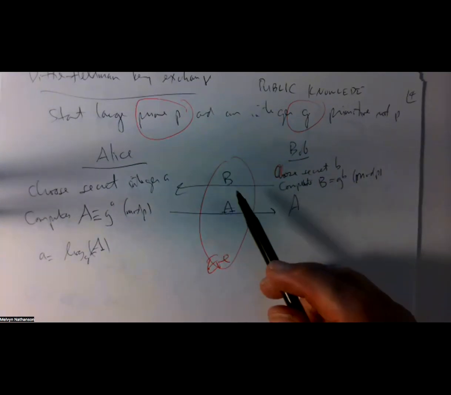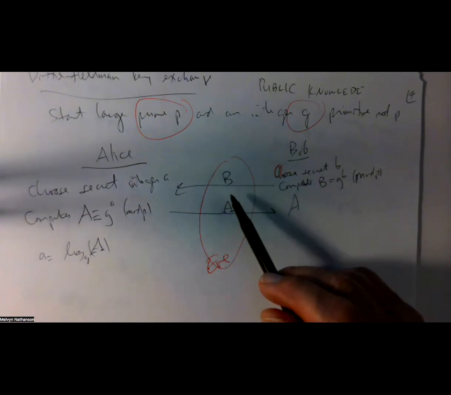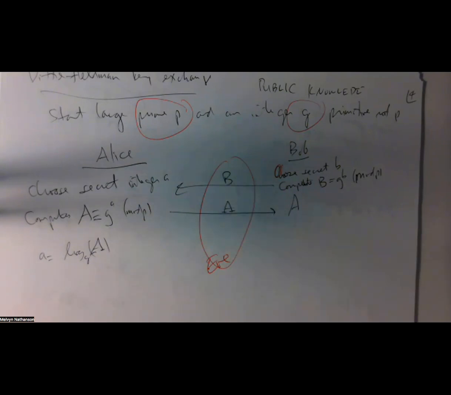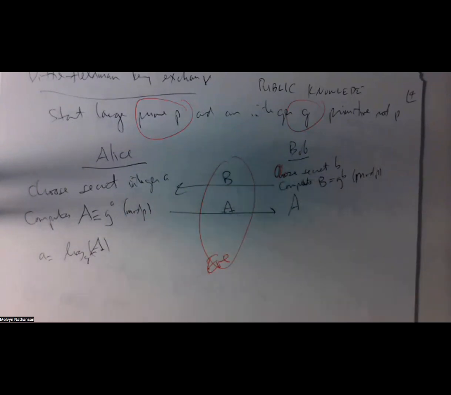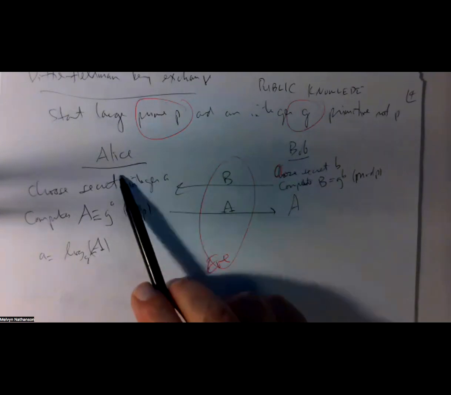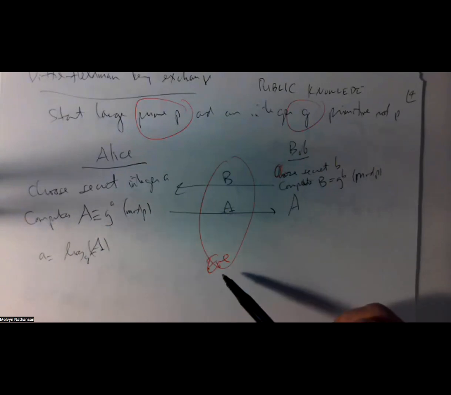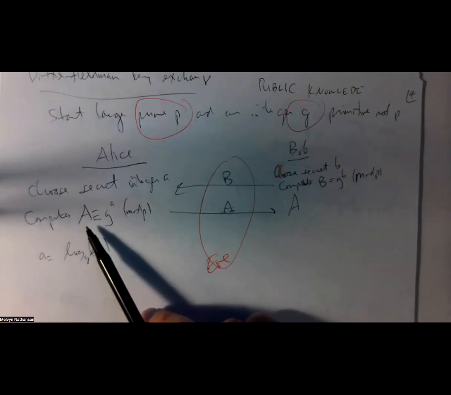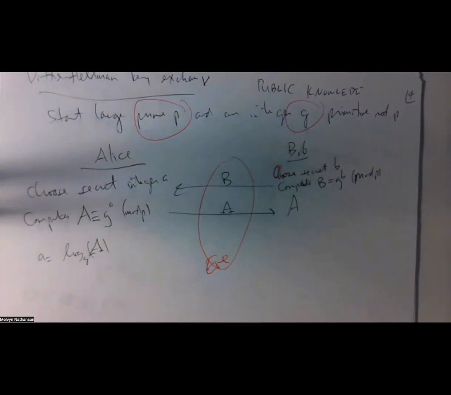She's very good. She intercepts, she eavesdrops, she bugs their communication. Eve knows capital A and capital B. She doesn't know little a or little b, but she knows capital A and capital B. And Bob doesn't know little a, and Alice doesn't know little b. Alice is no different from Eve. Alice knows capital A and capital B, and Bob knows capital A and capital B.